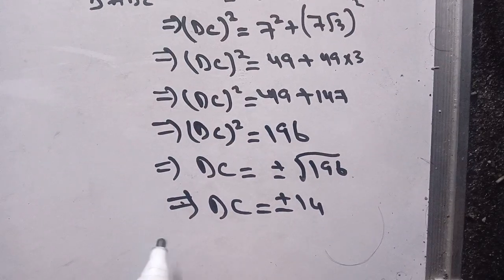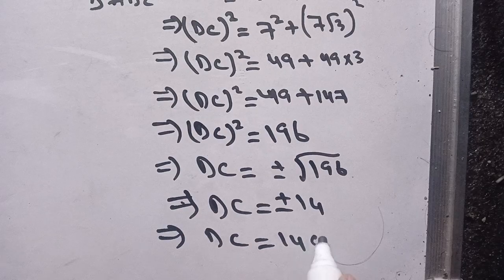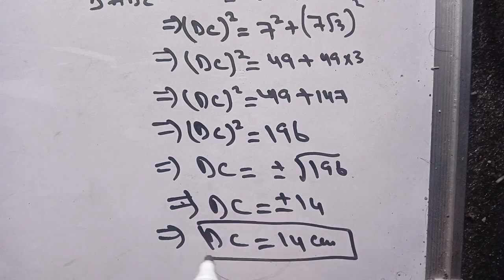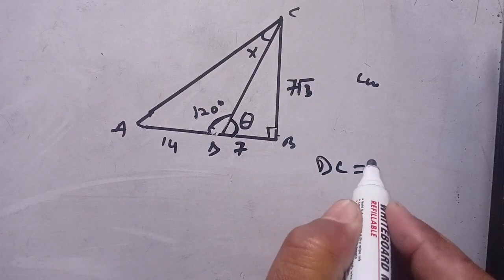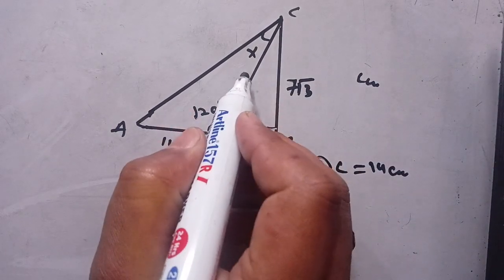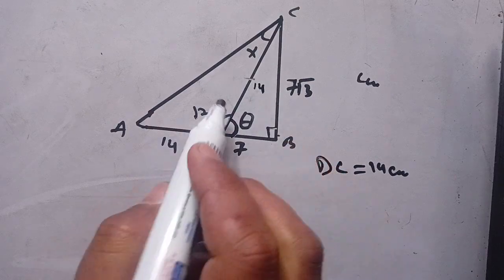As DC is a length, it cannot be negative, which implies DC is equal to 14 centimeters. Thus, DC is equal to 14 centimeters.